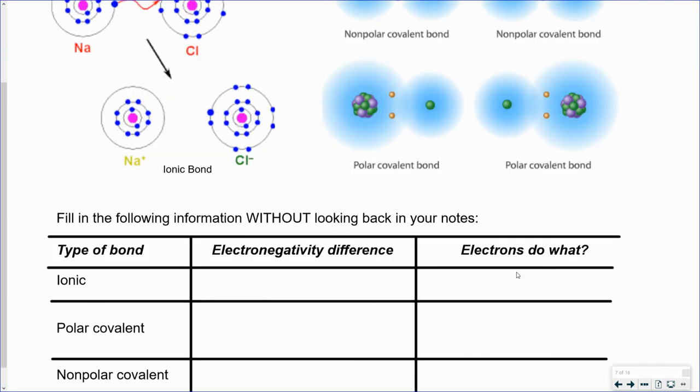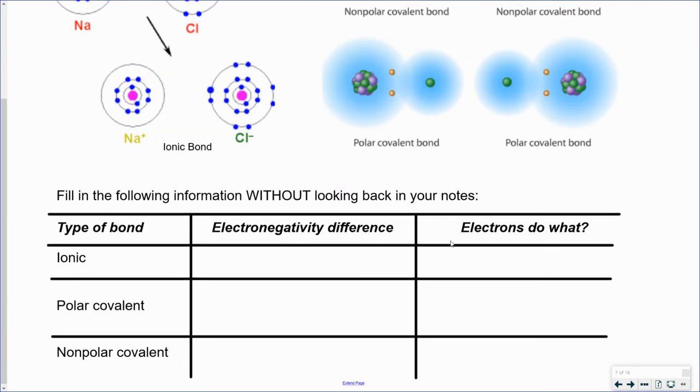So right now would be a good time for you to write down the electronegativity difference and what the electrons do. I'll give you 3, 2, and 1. The electronegativity difference is 1.7 and greater. Polar covalent is between 0.3 and 1.69.